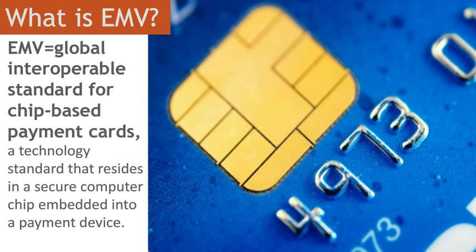It's very difficult to replicate a card with that specific chip on it, and by having that chip on the card, it almost renders the card not capable of being replicated in a card-present or face-to-face environment where someone's coming to your store and using a card. That's what EMV technology is, Carrie.